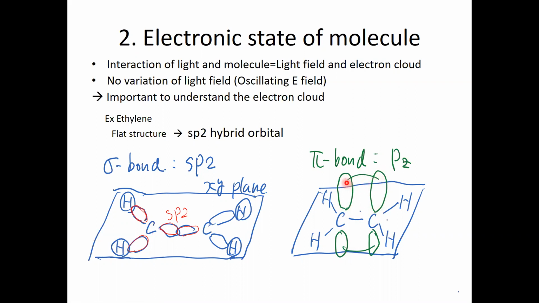Since the electron crowd of the pz orbital looks like this, you cannot twist the carbon-carbon angle because there is a strong bond here, and this prevents the twisting motion of the carbon. This is the reason why ethylene has a flat structure.